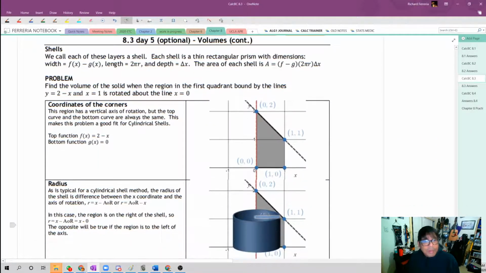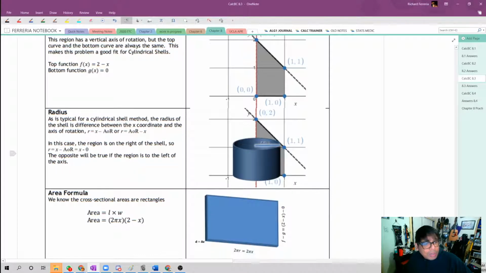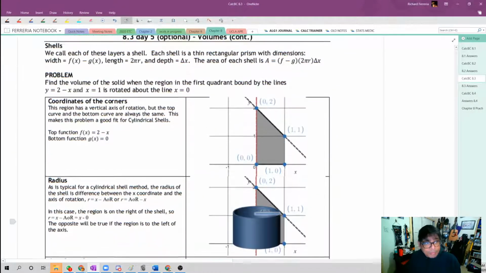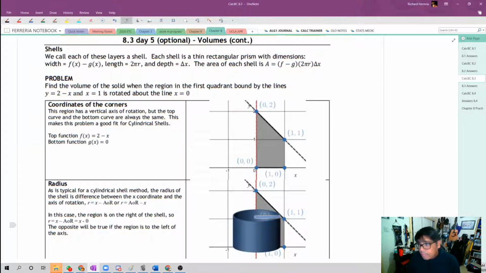Moving on. Now we're going to actually figure this out. And if I preview here, notice we have coordinates, radius, and area formula and integration yet again. So all of this works in similar ways to the disk method and the washer method. So what do we got? The coordinates of the corners, these are already done for us: 0, 1, 2. And a little bit different here.